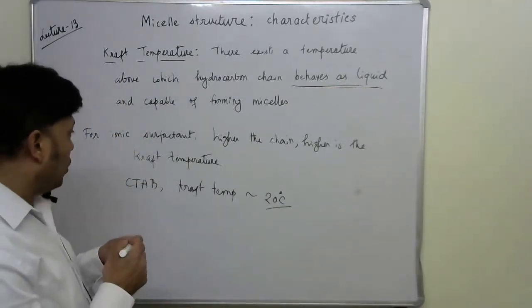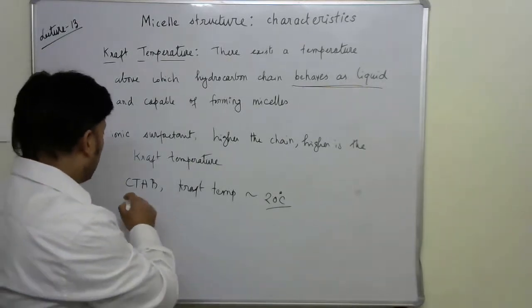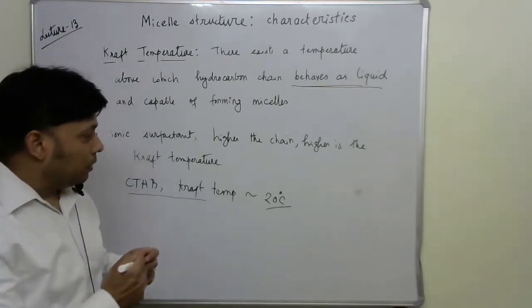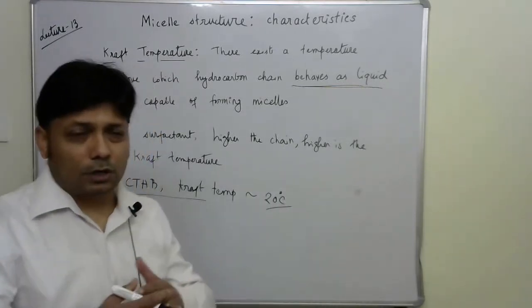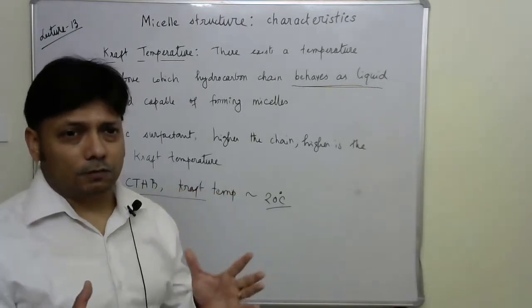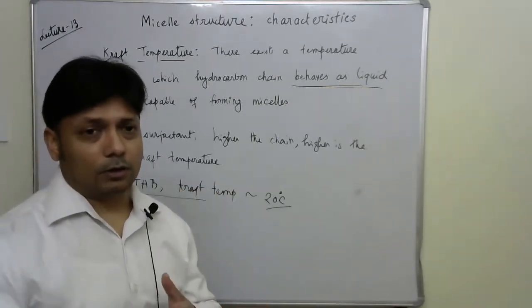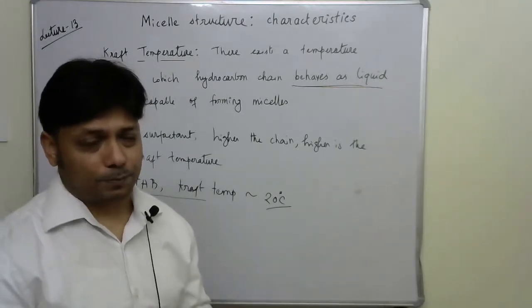But one thing we should also remember is that for certain ionic surfactants like CTAB, if you slowly raise the temperature above the Kraft temperature, it does not hinder the micelle formation process. Maybe the higher the temperature, the better the micelle formation.